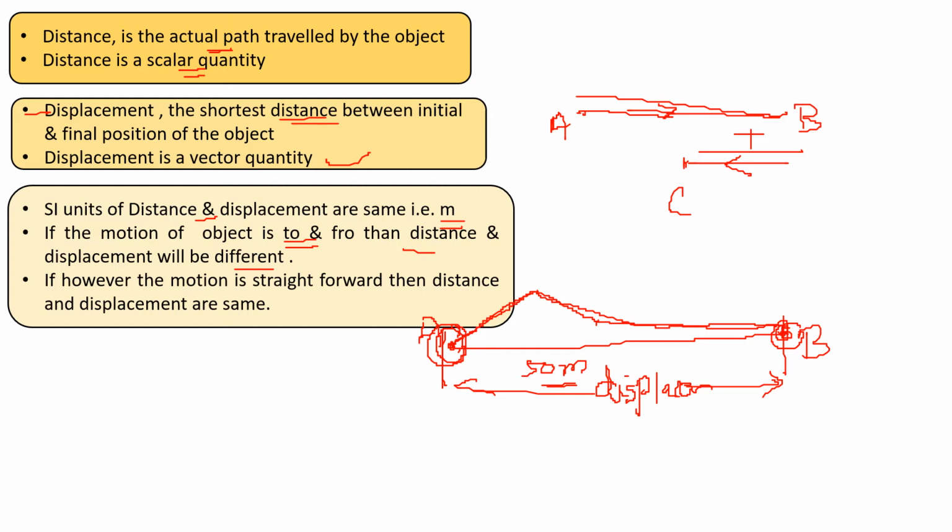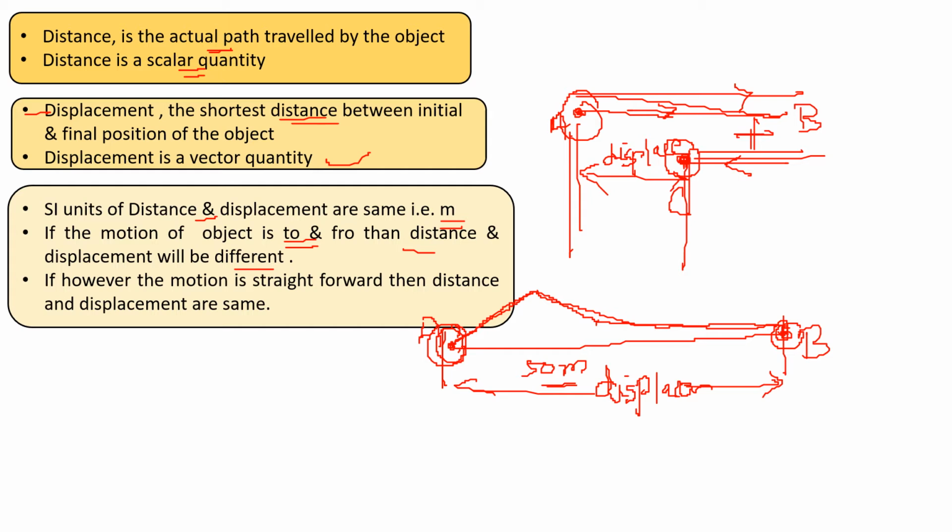However, displacement will be what? Displacement is the shortest distance between initial and final position. This is the final position, this is the initial position. So the shortest distance between initial and final position, this becomes displacement. So here in this case, distance is this plus this, whereas displacement is this, right? So here, because the object is moving to and fro, coming back, distance and displacement are different.